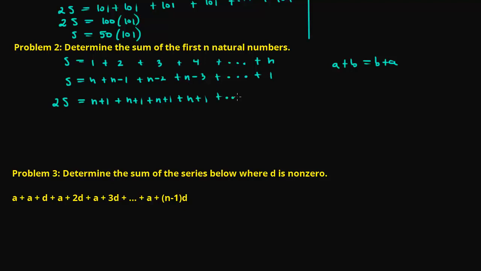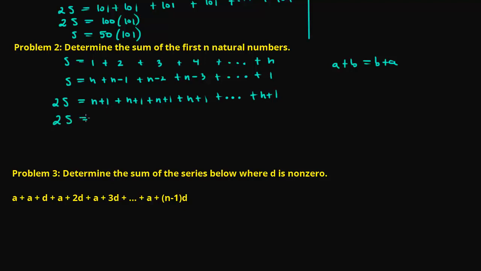And so on, n plus 1, n plus 1, n plus 1, all the way to n plus 1. The question is, how many times have I added n plus 1? Here I've got 1, 2, 3, 4, 5, 6, 7, 8, 9, 10, all the way up to n. So there are n terms here, and there are n terms here. So I've added n plus 1 n times.